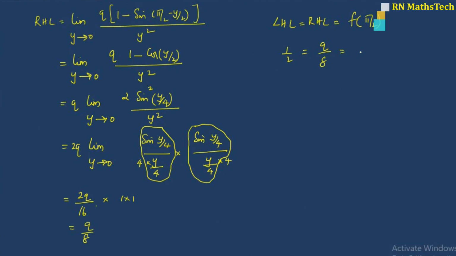So p is equal to 1 by 2. Therefore p is equal to 1 by 2 and q is 8 into 1 by 2, q is equal to 4.